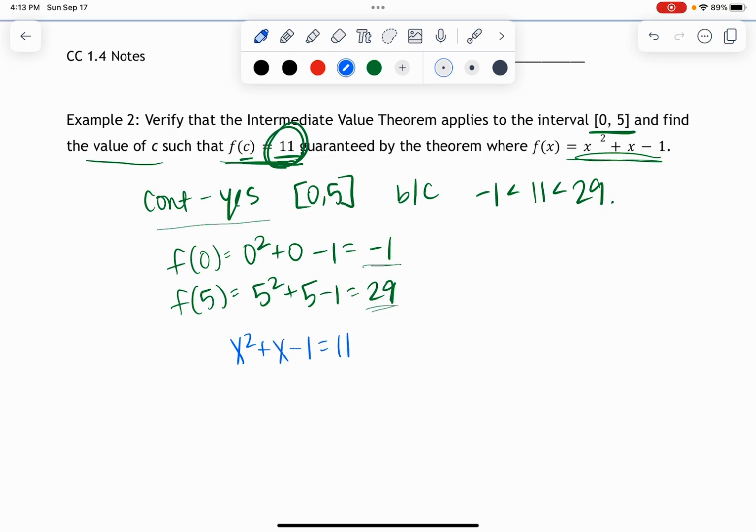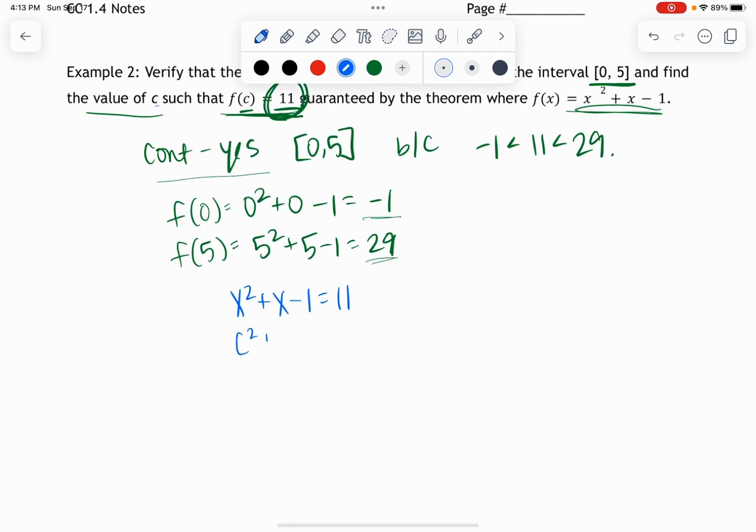I'm looking for what x value would give me a y value of 11. I'll plug in c to keep it consistent with the letters that they're using.